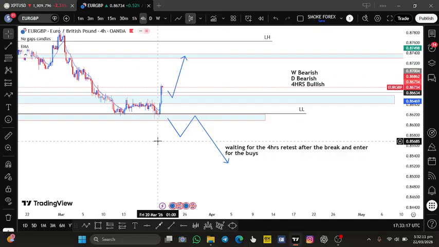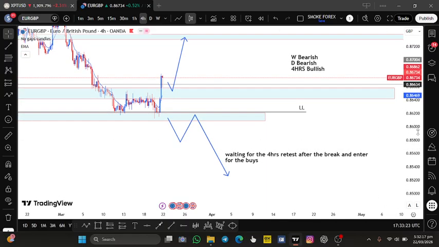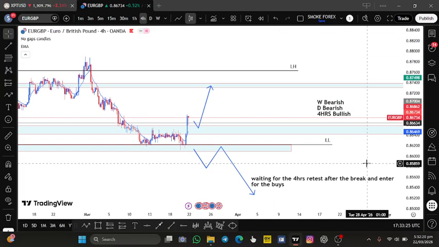Then I'm just going to buy based on my entry signals, my engulfing, my doji, my evening star, my morning star, actually all those patterns. I want to see those entry signals before I enter for this trade. So for now, I'm very much going to follow my rules.